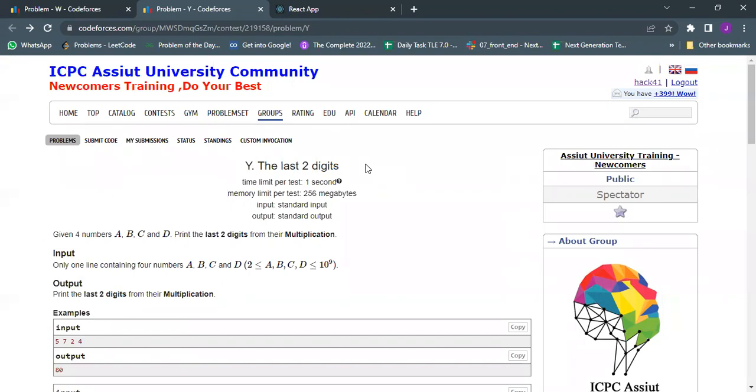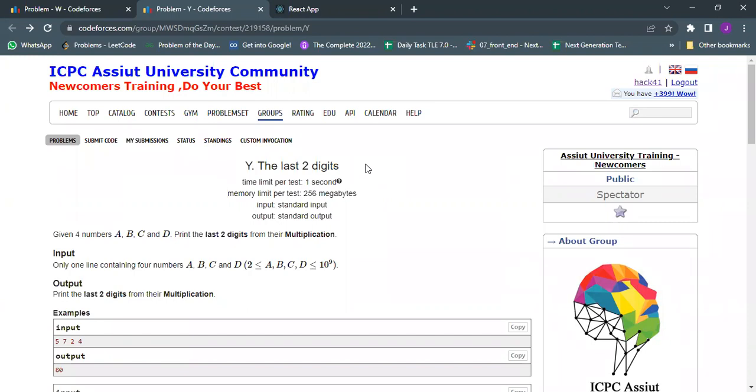Anything else? But if the last question didn't want us to print only the last digits, and wanted us to print more than two digits, how could we solve this question using multiplication? Should we use the modulo in that? If you are not told to use modulo in the problem, please don't use it.